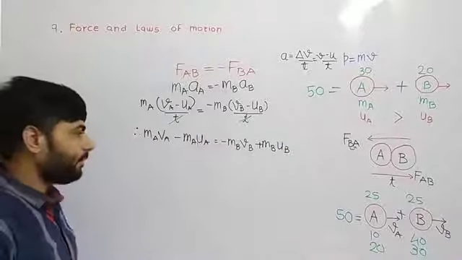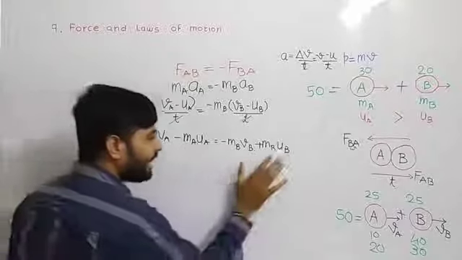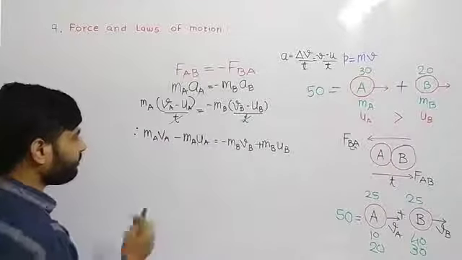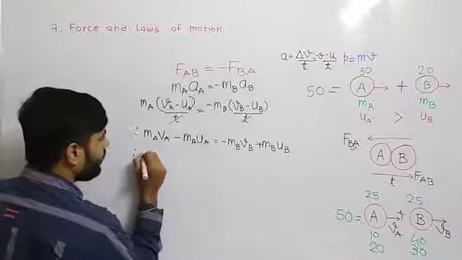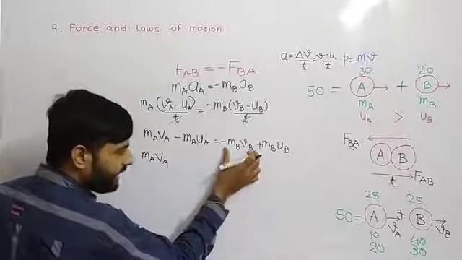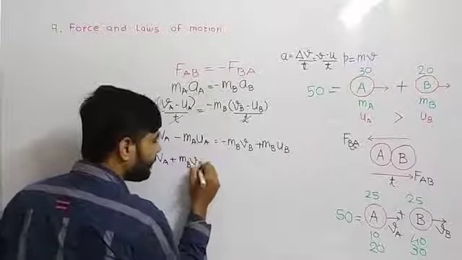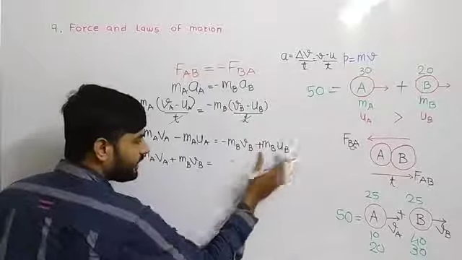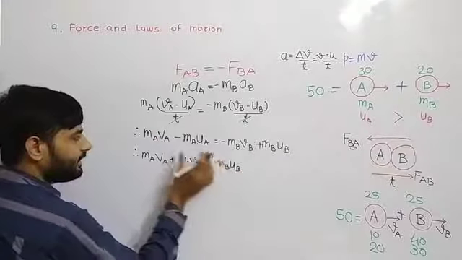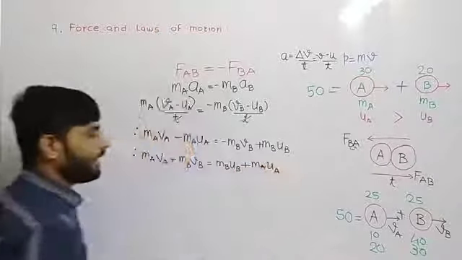Now what I will do, I will take initial momentum on the left side and final momentum on the right side. So I can write here MA VA. This minus will be plus if I put it on the left side. So MB VB is equal to this MB UB, taken as it is, and this minus will get plus MA UA.